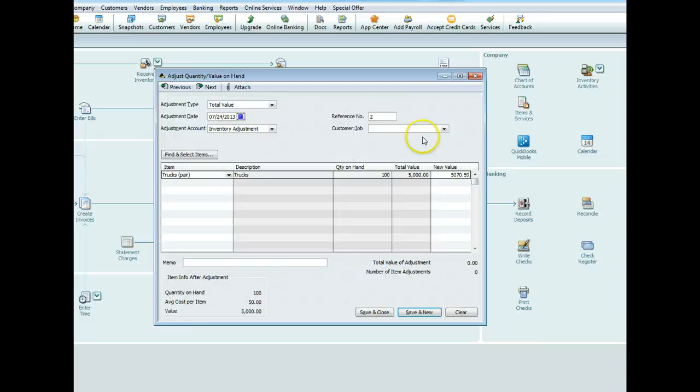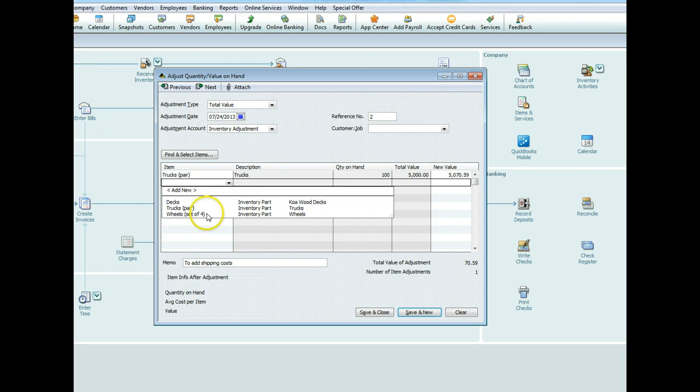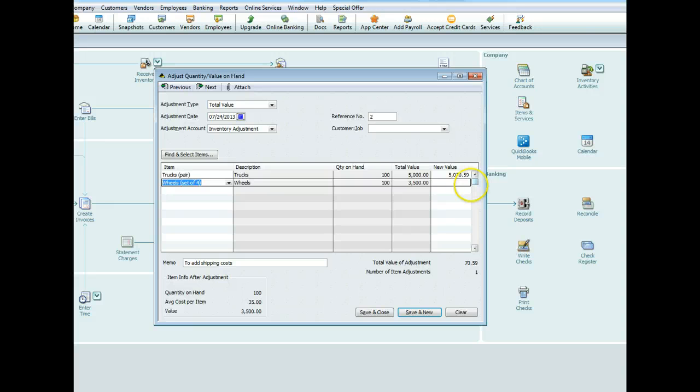So there's the new value of the trucks. Now I've got to do the wheels. So I have 3,500 over 8,000 is 44%, times 120 is 52.50. So 3,552.50. Come on, go in.